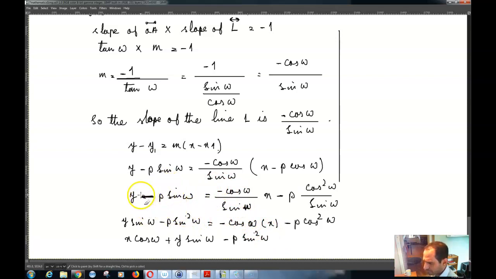So if I have y sine omega minus p times sine squared omega is equal to negative cos omega times x minus p times cos squared omega. Okay.